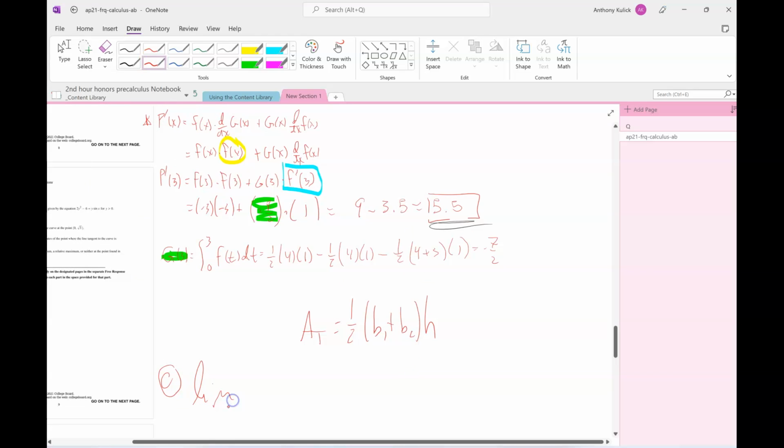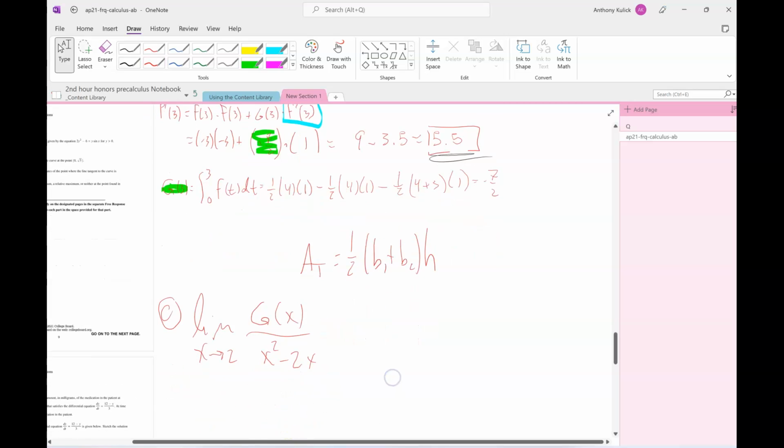Part C. This is a good one, guys. It asks you to do this limit. What's the problem here going to be? It's actually really funny. We know the limit of the denominator goes to 0, and the limit of the numerator we'll have to do by triangles, but it also gives us 0.